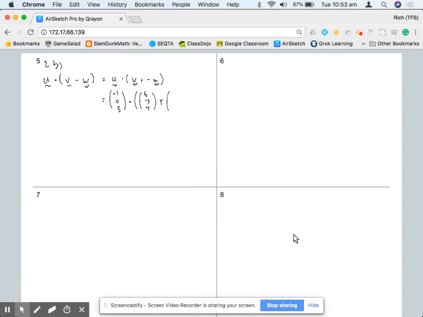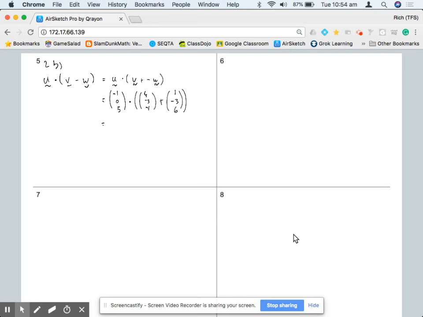So the w vector was negative 1, 3, negative 6, and now it's 1, negative 3, positive 6. Okay, so that's an example of how I do subtraction of vectors. I just add the negative. And by adding the negative, I'm simply changing the sign of each part of the component. I hope that makes sense, and if it doesn't, let's put a star next to it so I can come back and explain to you.